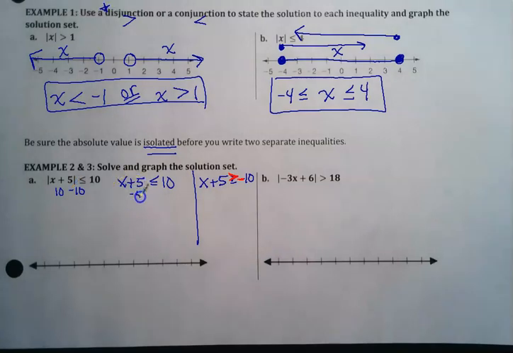So we would do minus 5 on both sides. x is less than or equal to 5 here. On this one, we would subtract 5, so x is greater than or equal to negative 15 here.